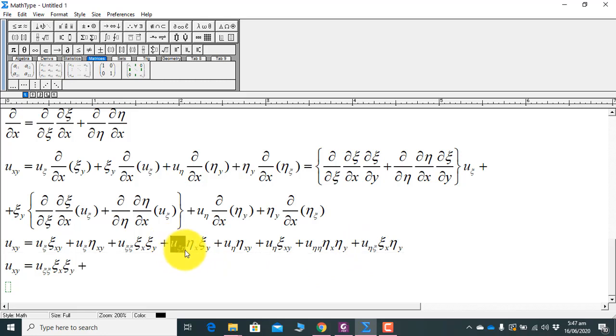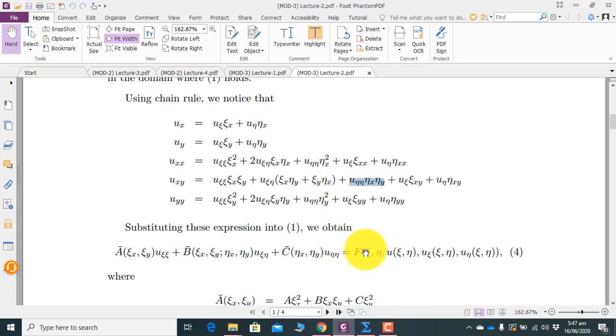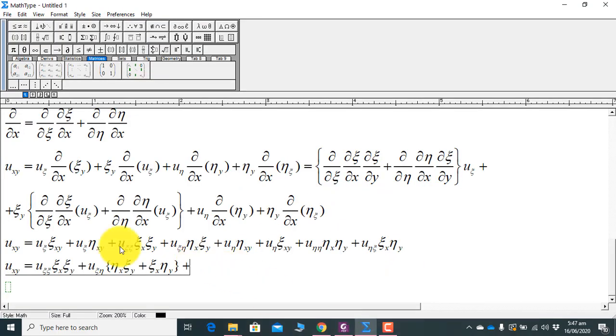So this is a common term, and in the middle you will have eta x xi y plus xi x eta y. This is the middle term, and now the last term is for the other one, u eta x eta y.